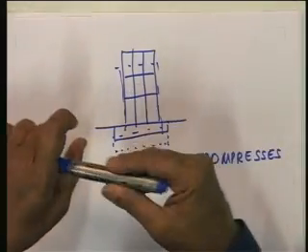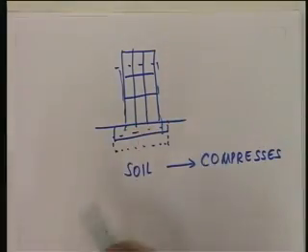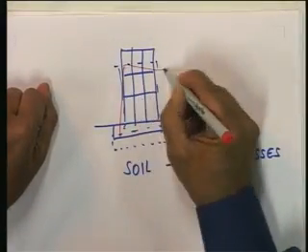Now, you can imagine that if the building settles down uniformly, perhaps the building will remain intact without undergoing any distress. But imagine the contact pressures not being uniform, the soil not being uniform, the foundation is then likely to undergo non-uniform settlement due to non-uniform compression of the soil. Imagine this building tilting like this, it is not going to be comfortable for the building at all.